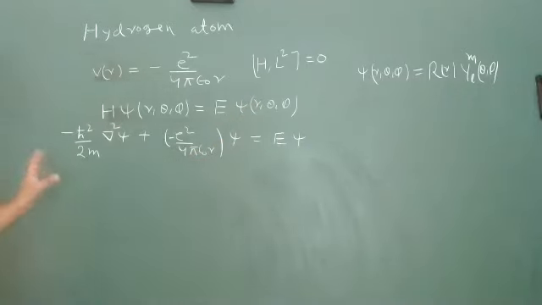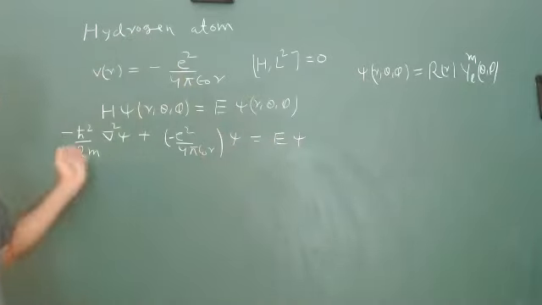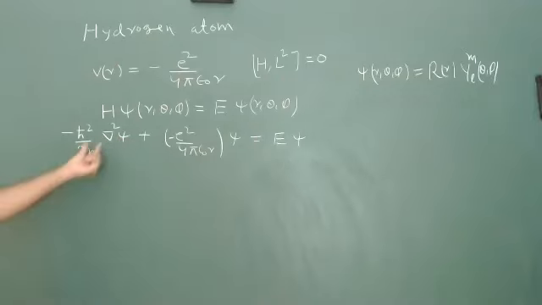So actually, we will put this into the differential equation, and this is nothing but the Laplacian in the spherical polar coordinate system. And finally, we will get the radial part of the wave function. You remember we did all this in the last class, so I am not doing it unnecessarily again.